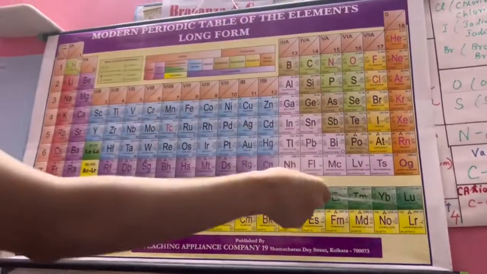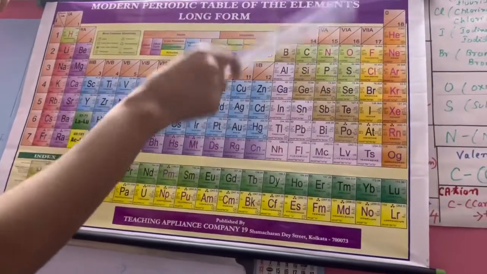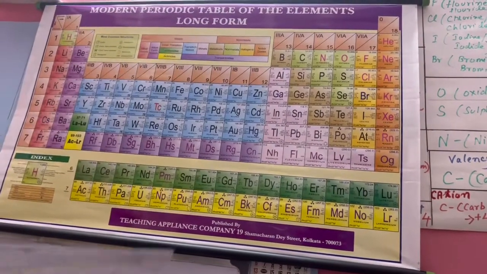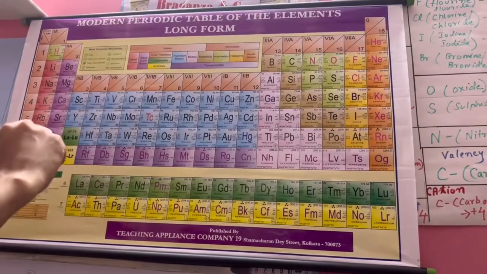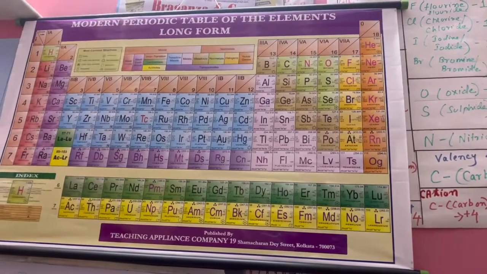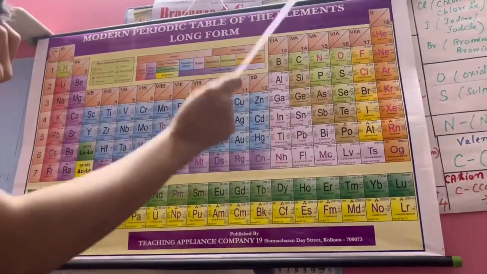In group 17, which is also called the halogen group, which consists of fluorine, chlorine, bromine, iodine, they have got 7 electrons in their outermost shell, so they can readily accept 1 electron and complete their octet rule. So how many electrons do they need? They need only 1 electron to complete their octet rule. They want to accept 1 electron.